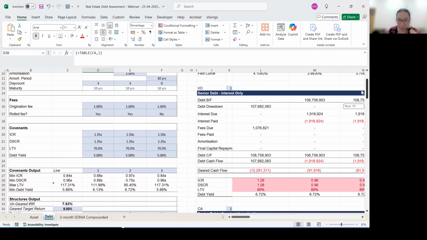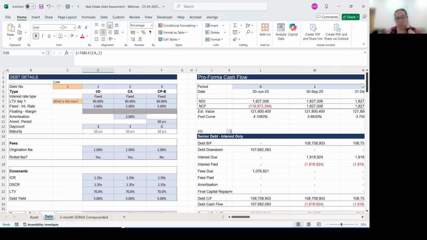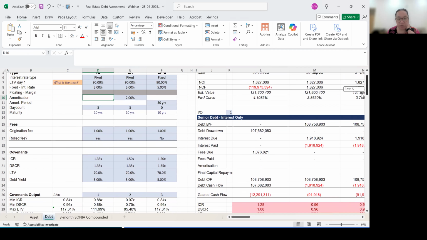So when you start with your margin and your fixed interest rate, they kind of match, because that's how you calculate the fixed interest rate, the swap rate. Okay, so this is one feature of modeling real estate that is important for you to understand.